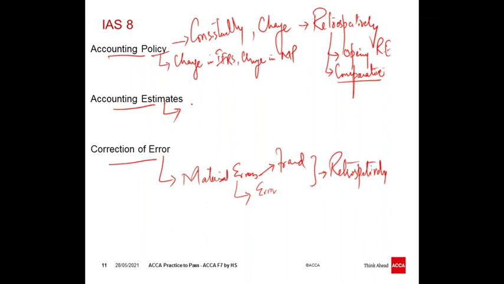Accounting estimates are adjustments in the carrying amount of an asset or a liability. Whenever we have got the accounting estimates, it must be reviewed annually.